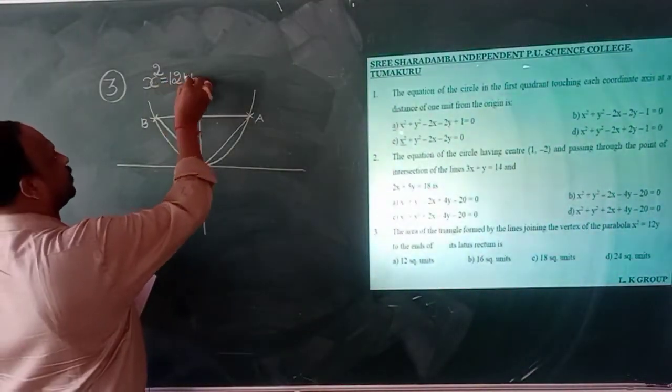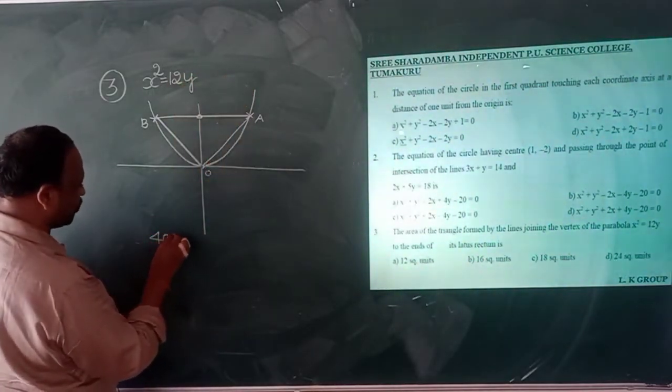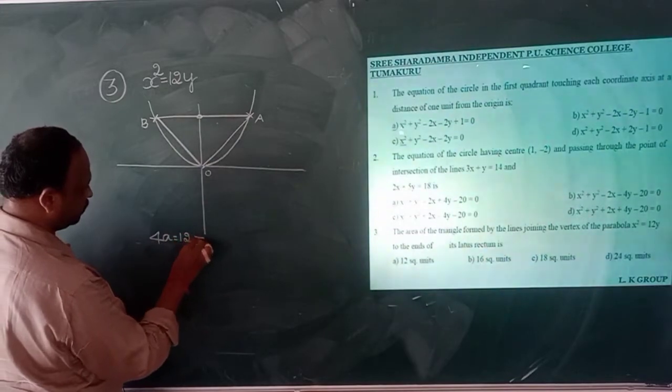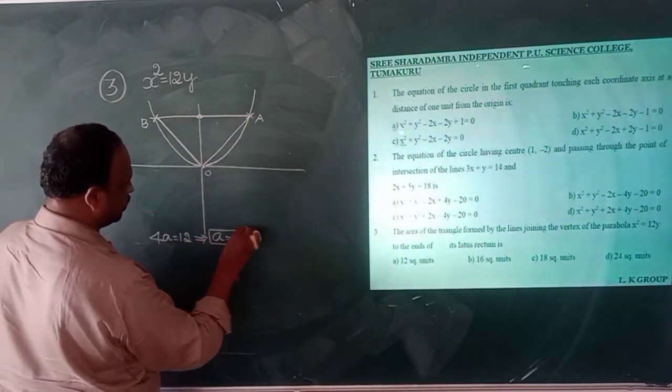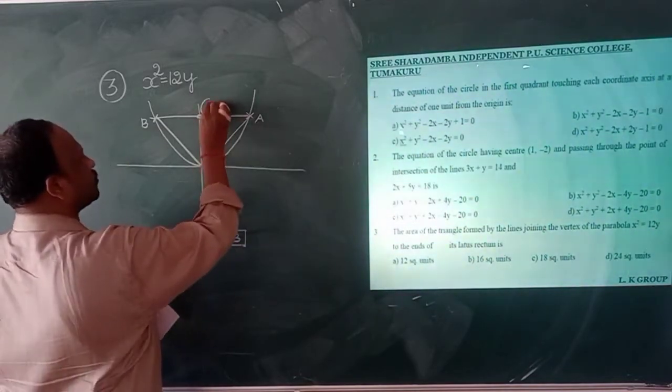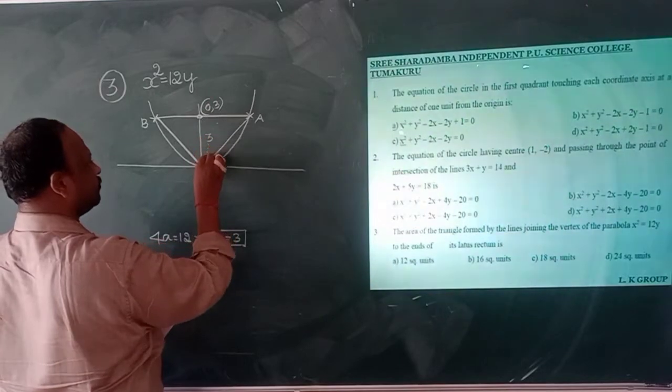Here x square is equal to 12y, 4a is equal to 12, a is equal to 3. So therefore this value is 0 comma 3.